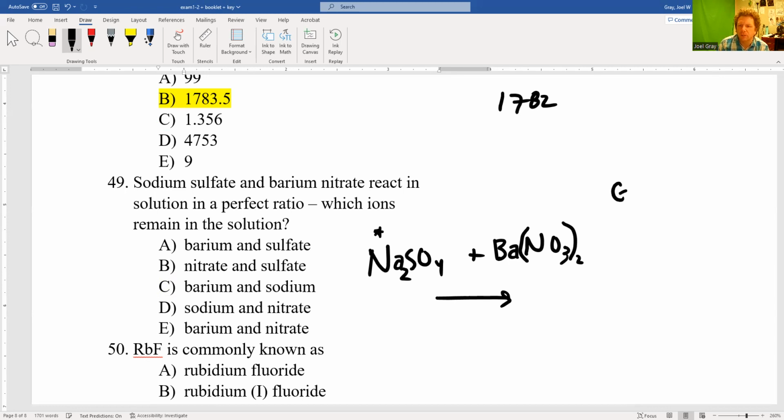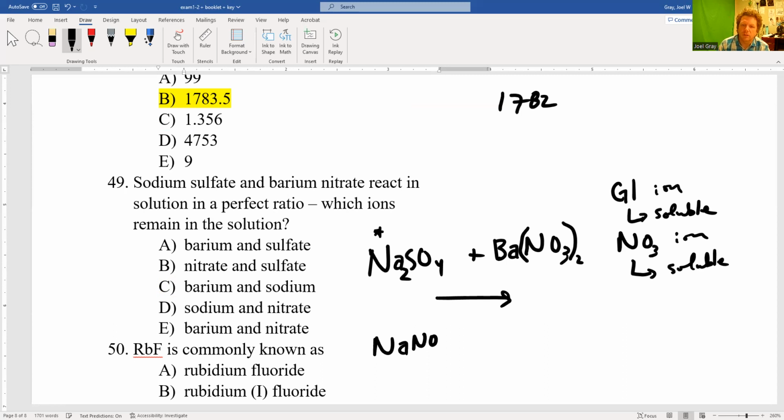If anything pairs up with a group 1 ion, it's going to be soluble. If anything pairs up with an NO3 ion, it's also going to be soluble. Those are some tried and true things. So when you pair up NaNO3, so sodium nitrate, that's going to get an aq by it.